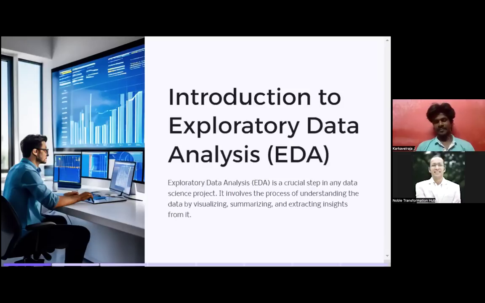So let us start. EDA is a crucial step in any data science project, or in AIML or deep learning, because ultimately AI holistically needs clean, consistent data. There's a concept called garbage in, garbage out.